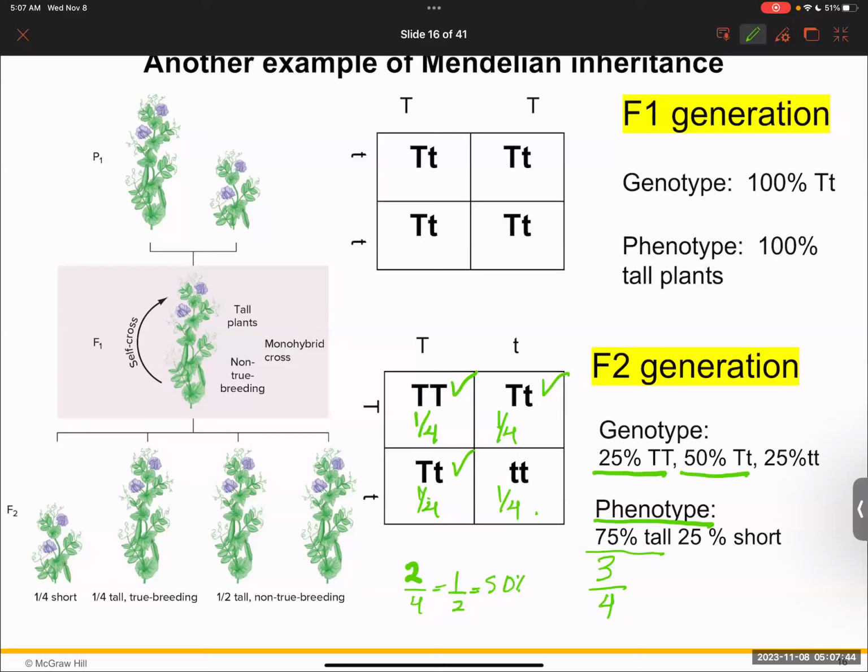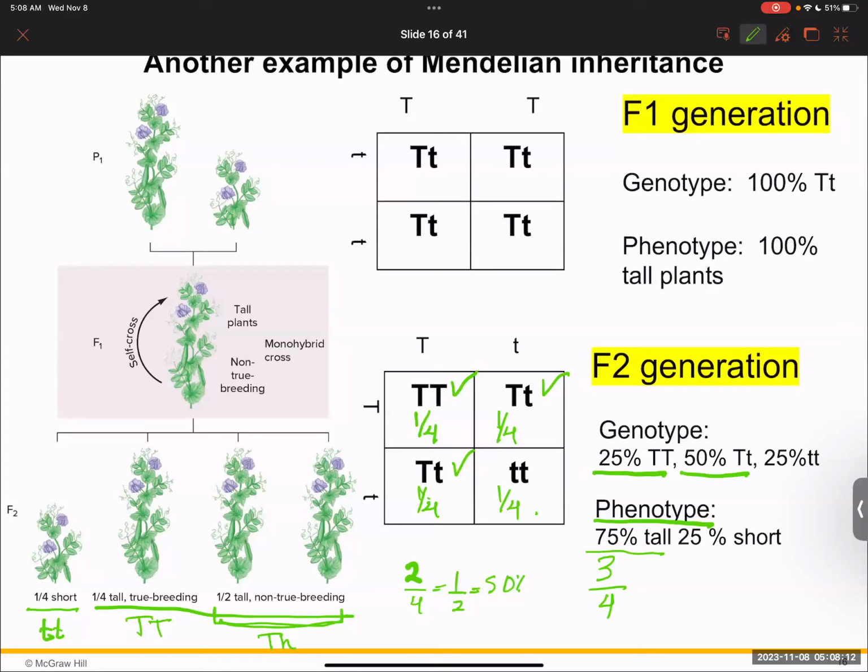So I want you guys to point out the same thing we discussed: 1/4 is going to be short, and 3/4 are going to be tall. This one says true breeding, implying they're both capital, and these two here would be tall non-true breeding, which means they are heterozygous. And the first one is short, which means it is homozygous recessive.